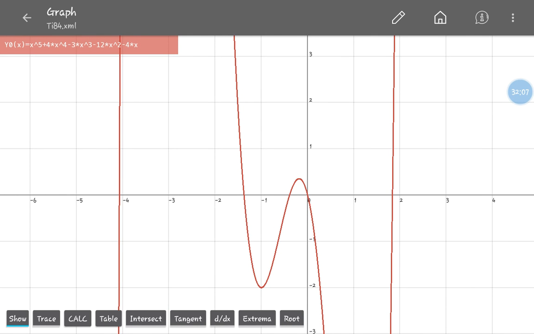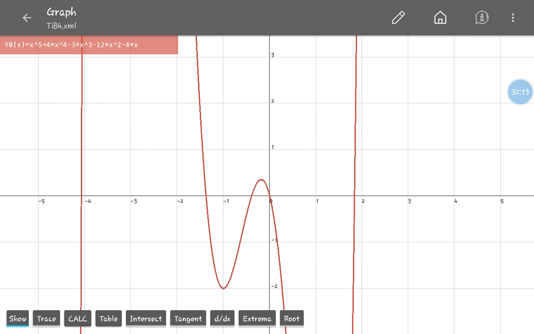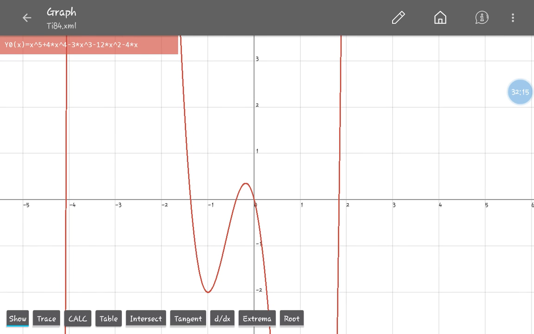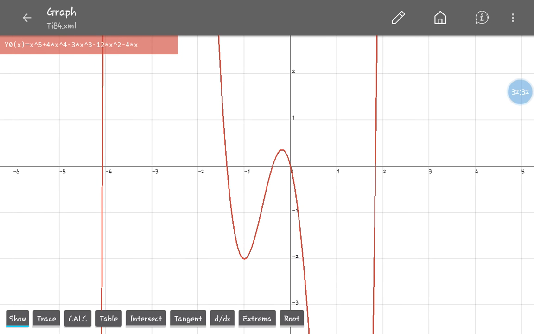Okay, so can we count? 1 here, 2 here, 3 here, 4 here, and 5. I can actually see 5 of them, right? Because when I really graph this, it looks like this.